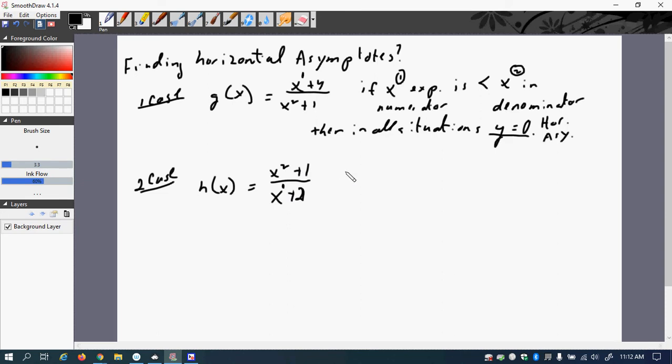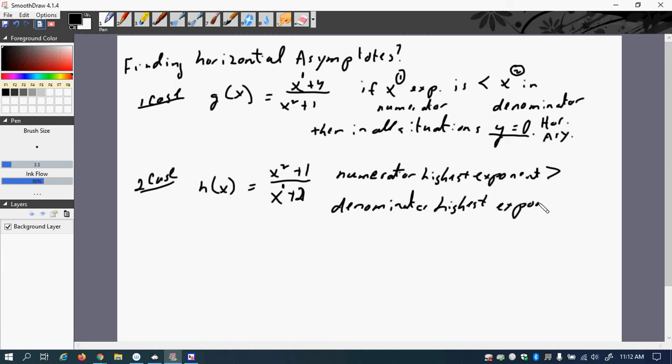In this case, the numerator's highest exponent is greater than the denominator's highest exponent. And if that's the case, then you're not going to have any horizontal asymptotes.